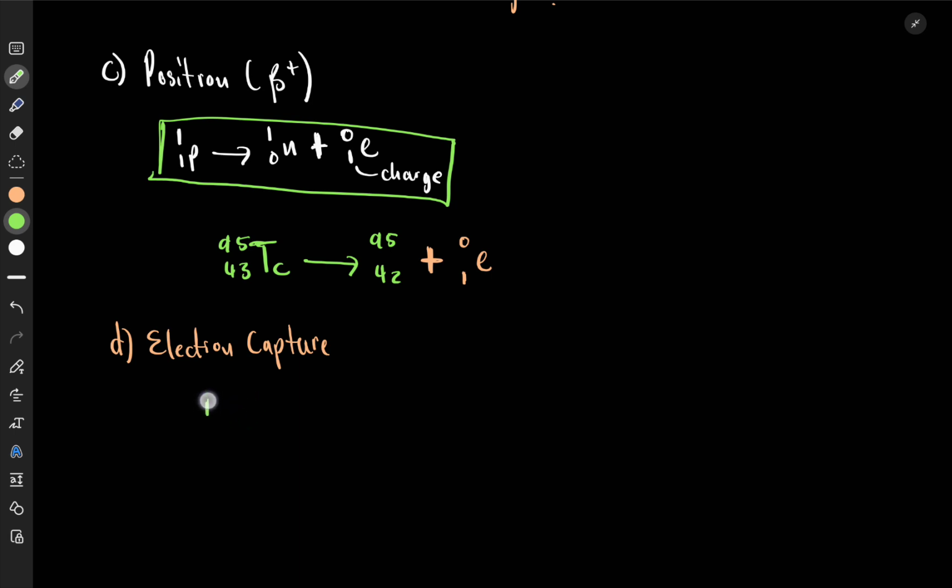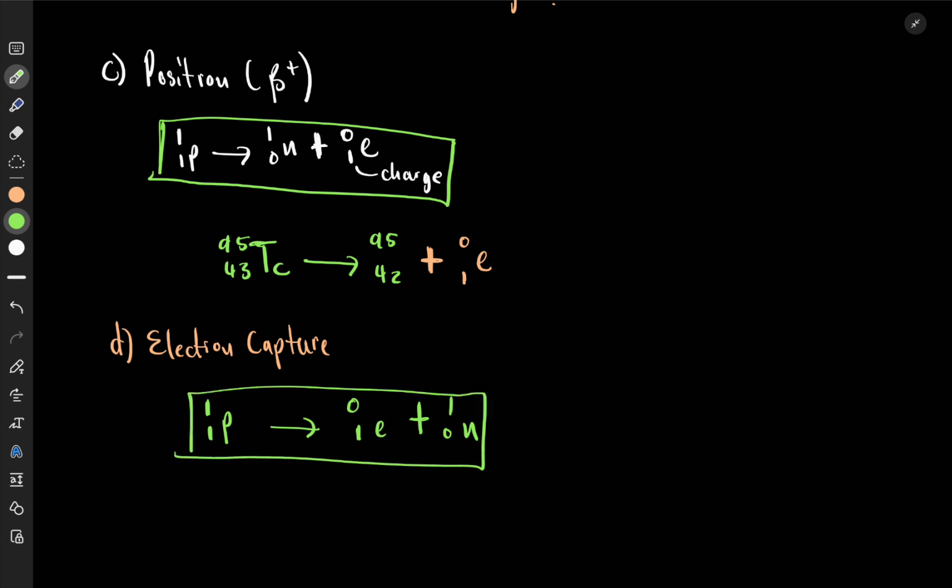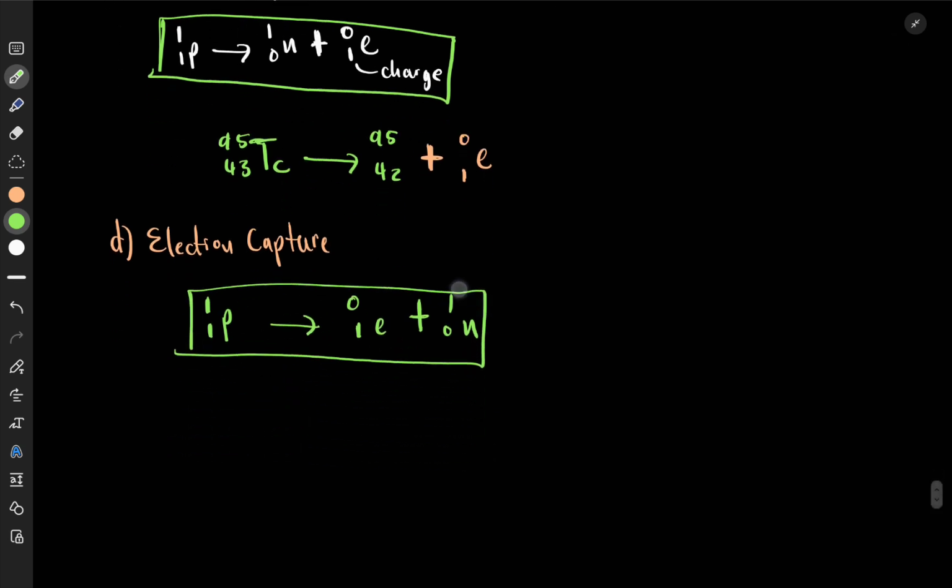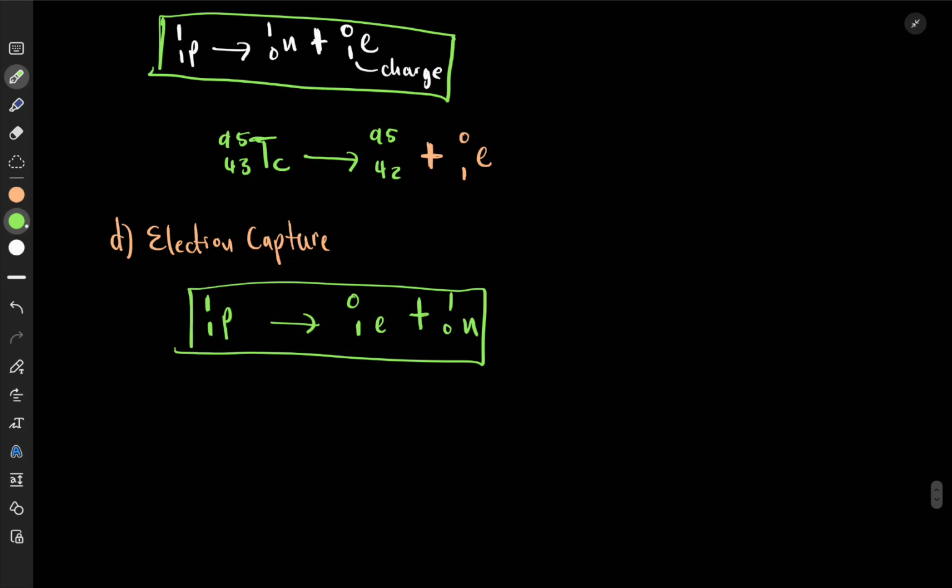So here's an example of an electron capture. But what we can first show is what would happen here. We would have a proton, and this proton would give us a positron plus a neutron, right? Now, this reaction can be done in reverse, where I would take this electron to the other side.